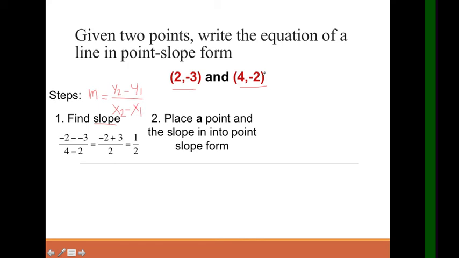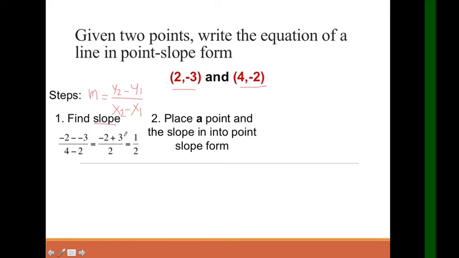Okay, so ito ang y sub 1 and then y sub 2. So we have -2 minus -3. This is x sub 2, 4 minus 2. Okay, so this will become positive since they are both negative. So negative 2 plus 3 over 4 minus 2 is 2.